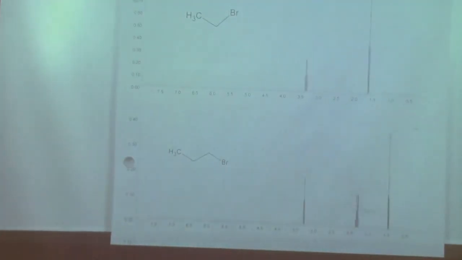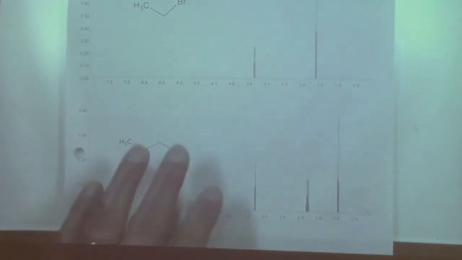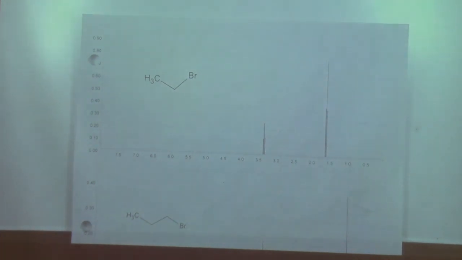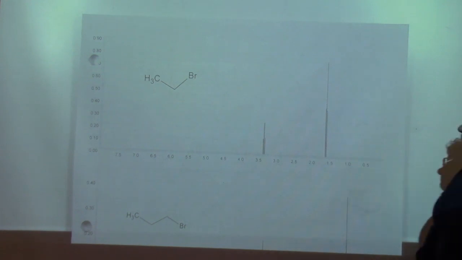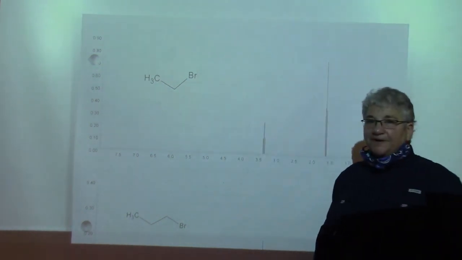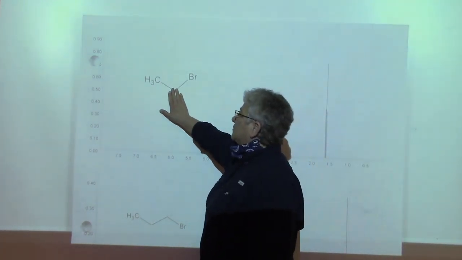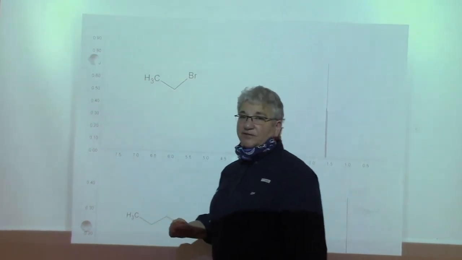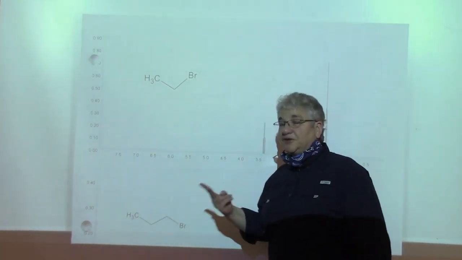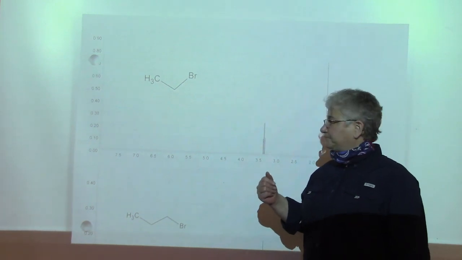Let's now talk about the very last idea of proton NMR, and that is splitting patterns. So, if you look at this molecule, it's ethyl bromide. I would hope that you could tell me that these 2 hydrogens are different from these 3 hydrogens, so that you would expect to see 2 different kinds of hydrogens in the spectrum.